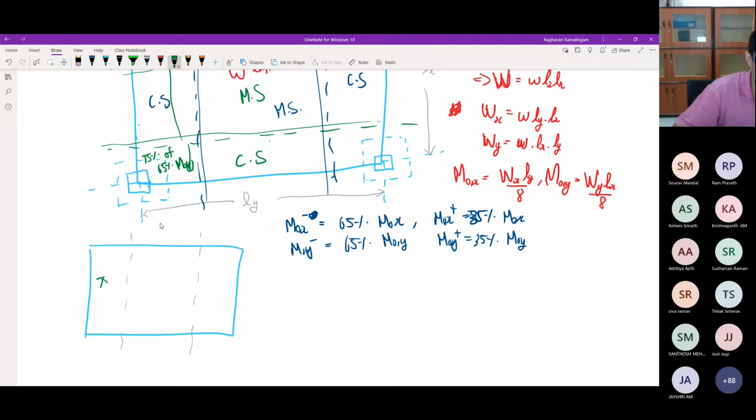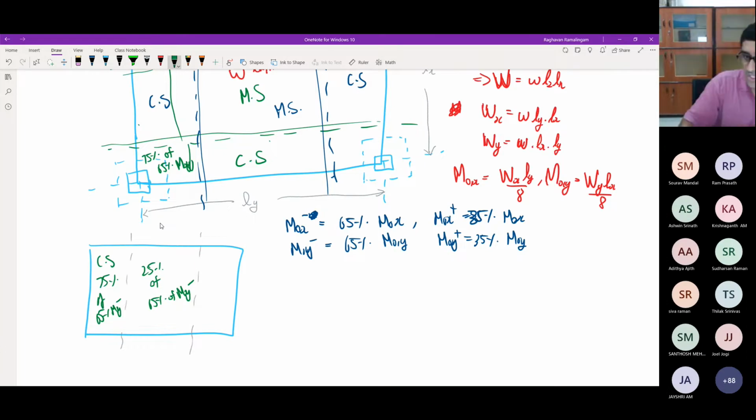So now this is the column strip. And similarly, when I come to the middle strip, it is remaining. Okay, so like this, you will take it. Of course, here also will be more or less the same.